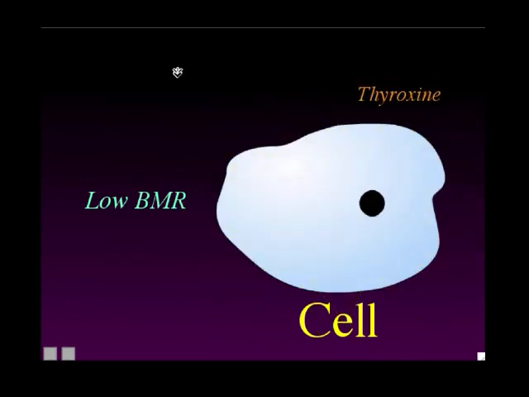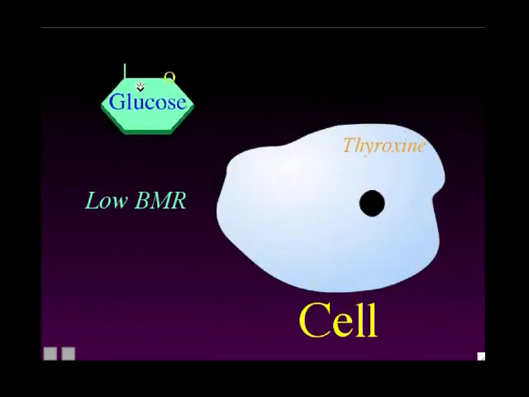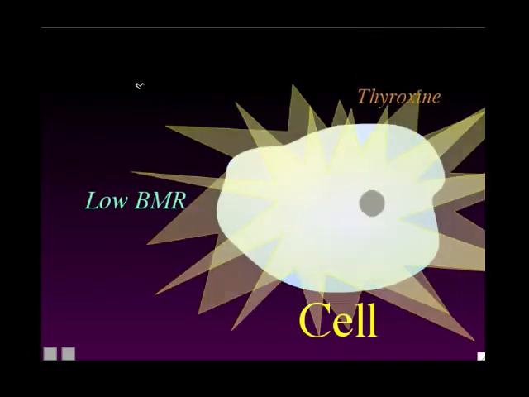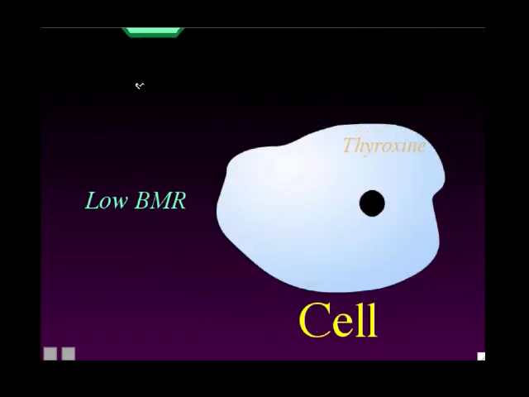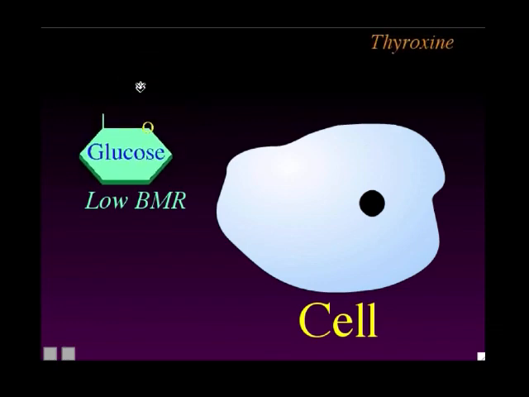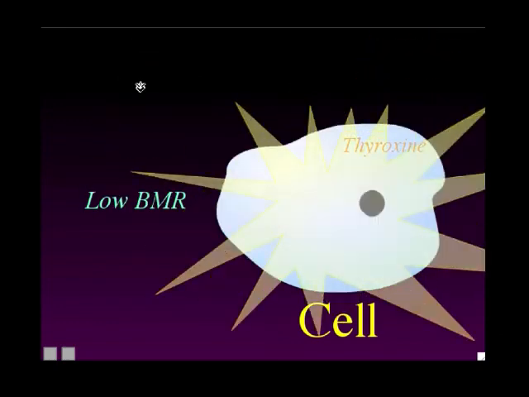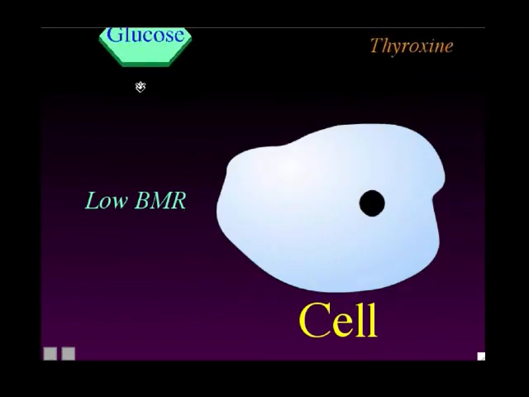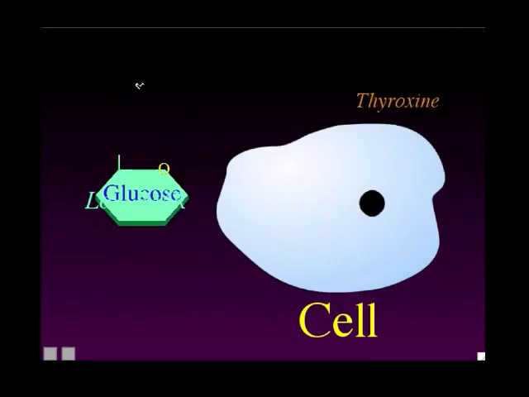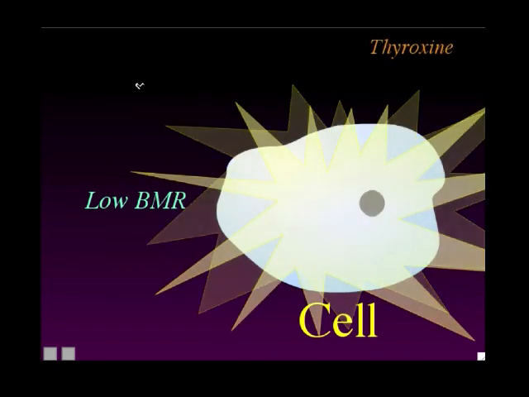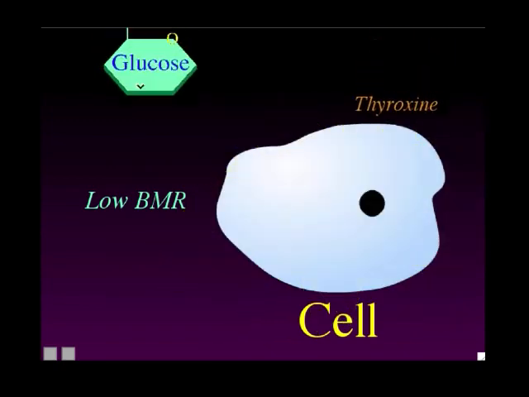And so the body will have a chance to store up that glucose because it's not being burned up very much, and the body converts it to fat. So people with low thyroid hormone levels have a low BMR, and so those people tend to put on weight pretty easily. Okay, so your basal metabolic rate is mostly set by your level of thyroid hormone.